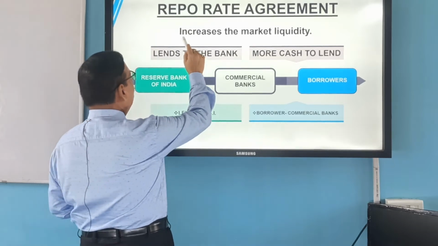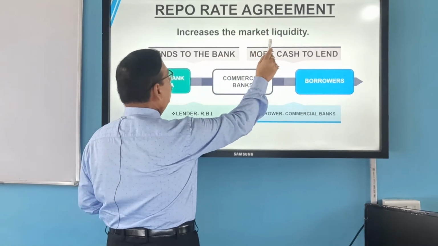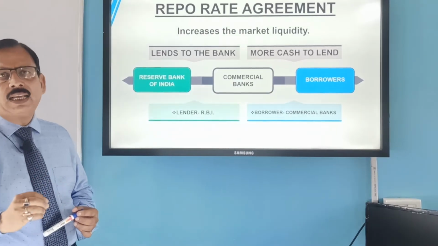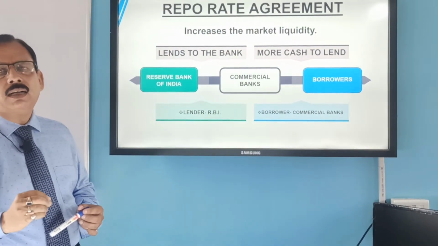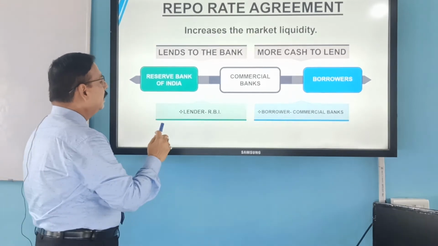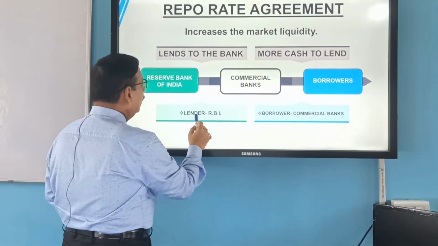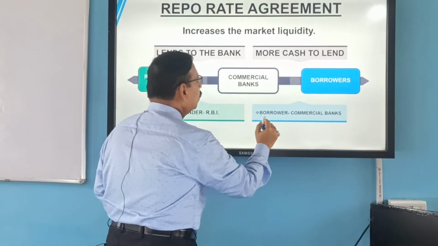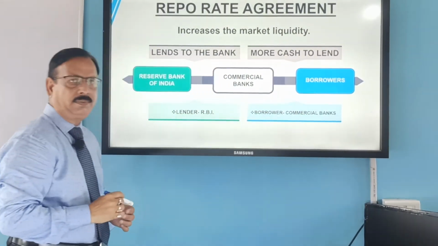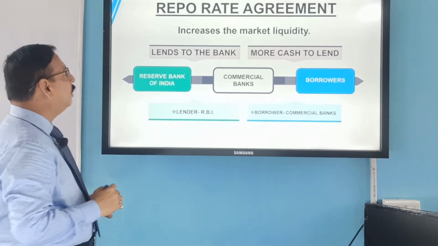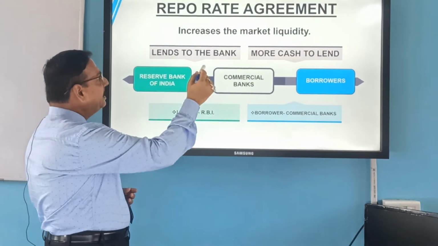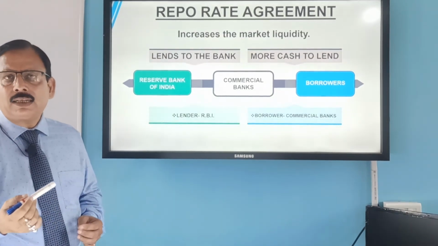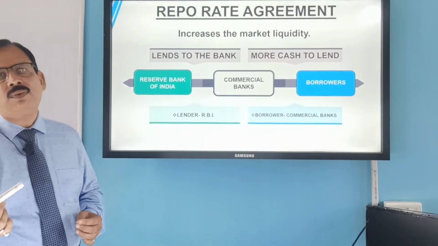It means that increases the market liquidity. It means that money supply is more in the market. See, here the lender is RBI and borrower is commercial bank. So, repo rate will increase the market supply of money.